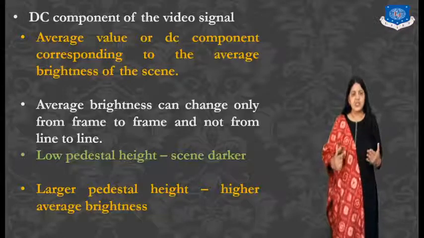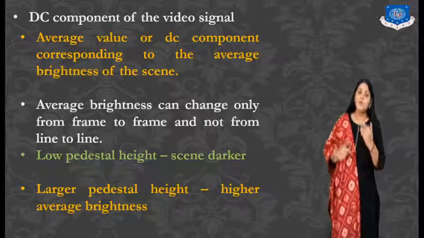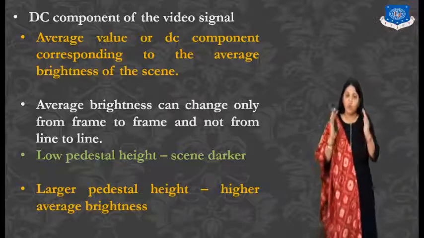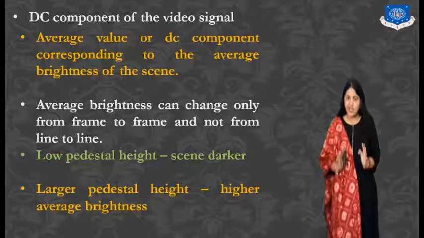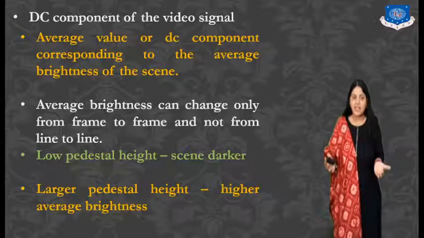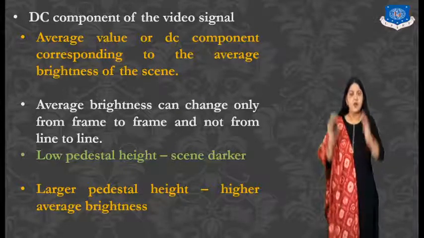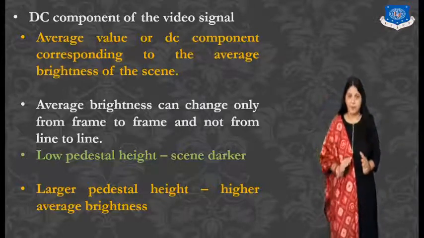So the average brightness can change only from frame to frame: one frame of 625 lines, then another frame of 625 lines.